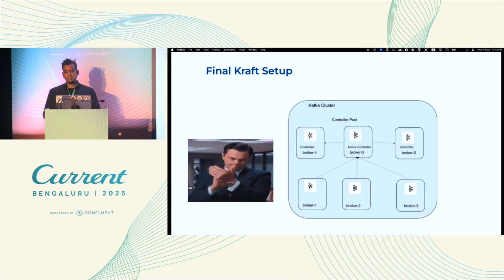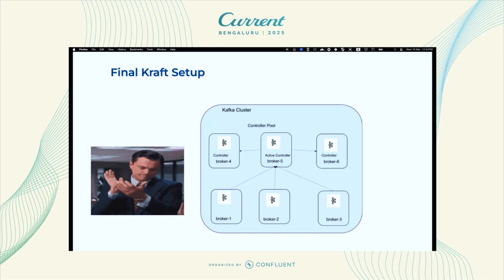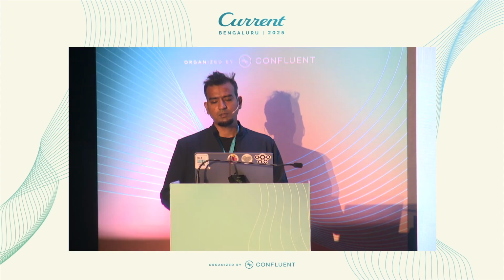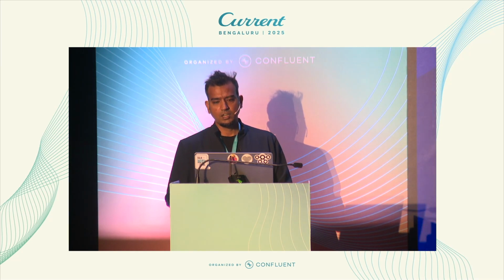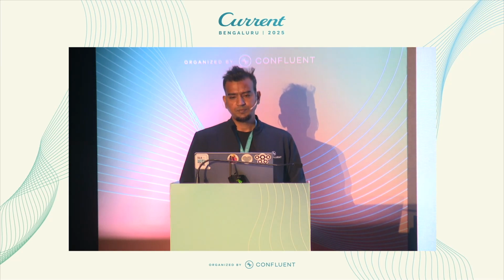Your Kafka cluster will look like the image we have here. This image mimics what we saw in the KIP-500 image, wherein you have a set of controller brokers, one of them acting as the active controller, and the data plane brokers are connected to the active controller broker. Now let's look at the common mistakes.